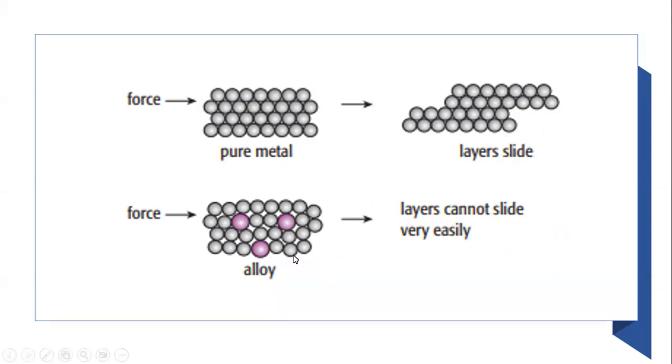But in an alloy, you have atoms of different sizes. These give it a more irregular arrangement and don't allow the layers to slide over each other as easily as in a pure metal, which is why alloys are generally much stronger.